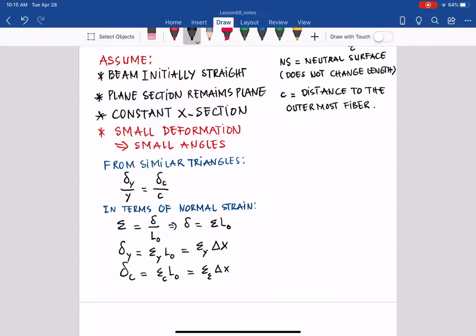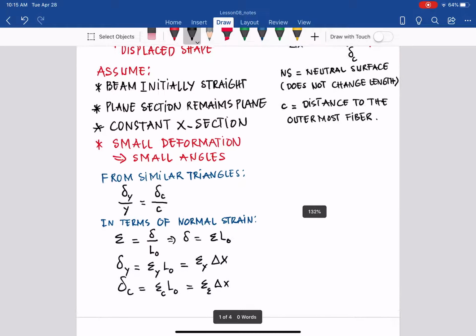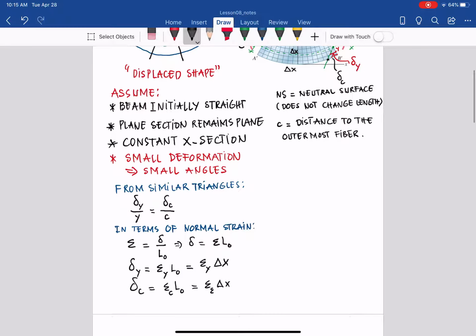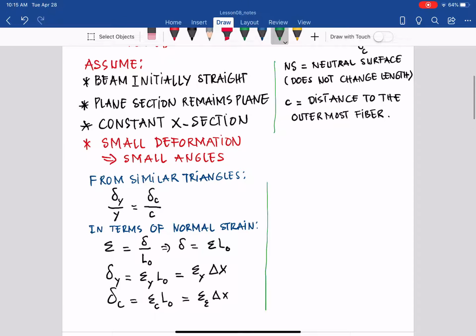Everyone good so far? So from that, we can replace that into the equation delta y over y equal to delta c over c.